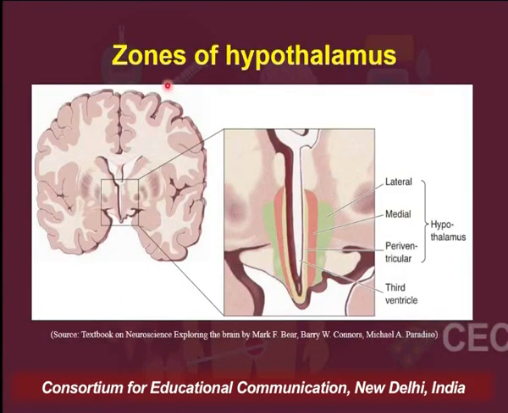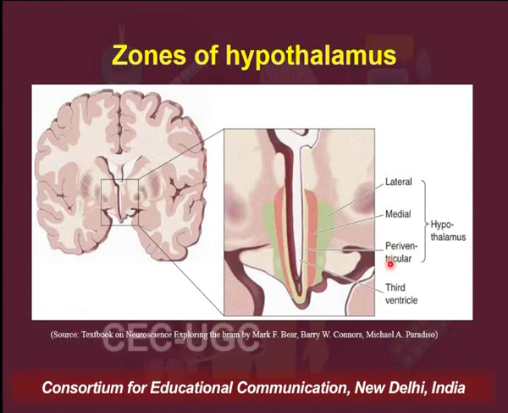So now let us have a look at the zones of the hypothalamus. This space in between is what is referred to as the third ventricle. Now the region around this ventricle, which you can see in yellow color, is referred to as periventricular. The name itself shows that peri means in the circumference, right?